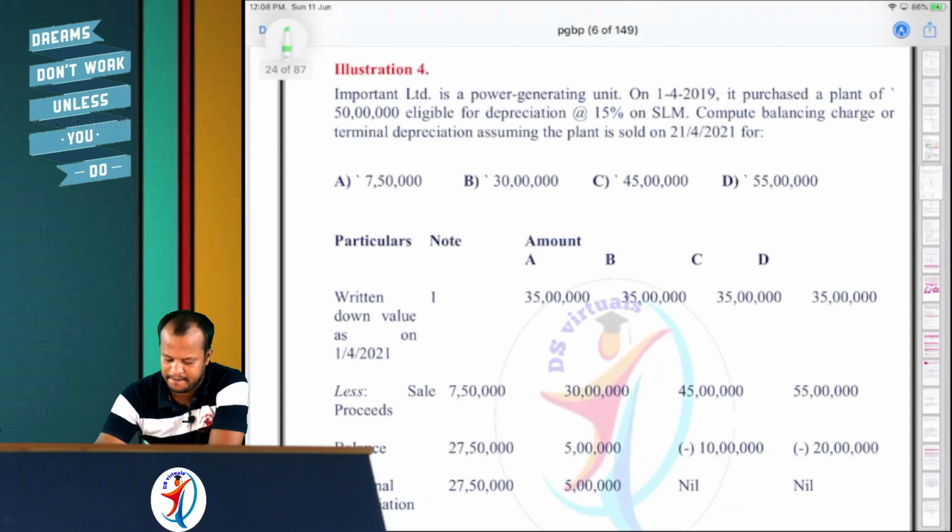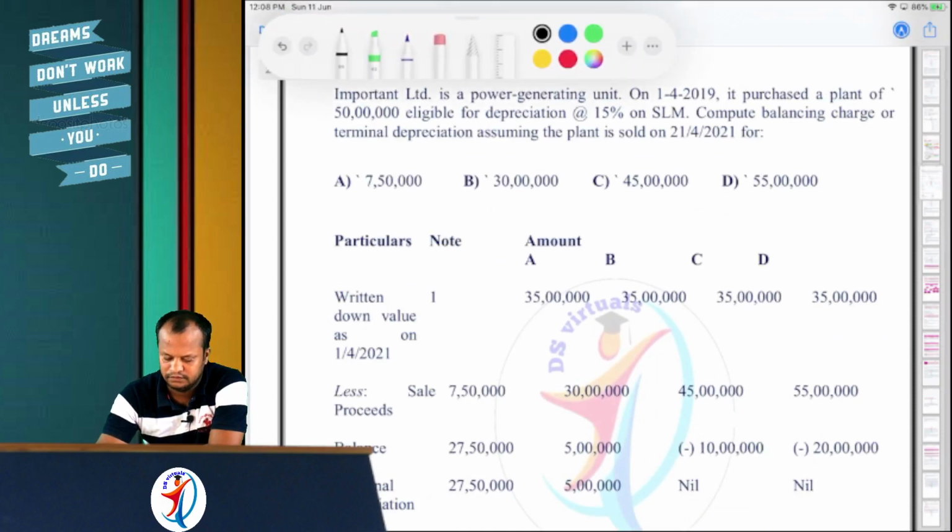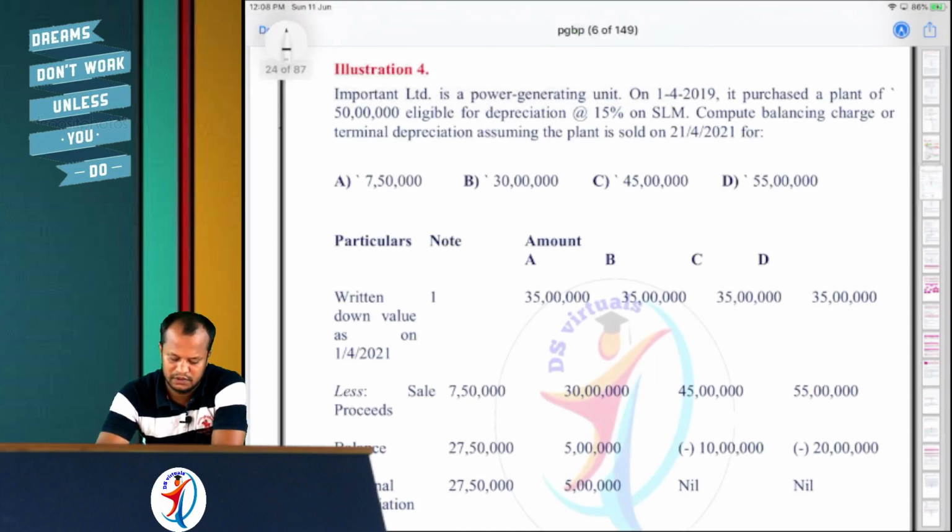Illustration 4. Kindly read illustration 4 carefully. Important Limited is a power generating unit. On 1st April 2019, it purchased a plant of 50 lakh, eligible for depreciation at the rate of 15% on SLM.